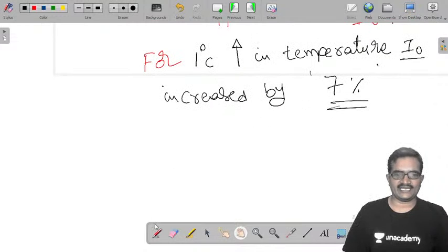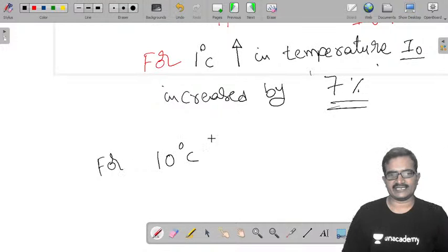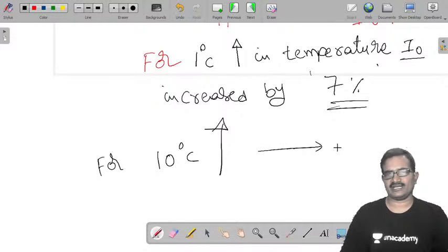And for a 10 degree centigrade rise, I naught increases by double.